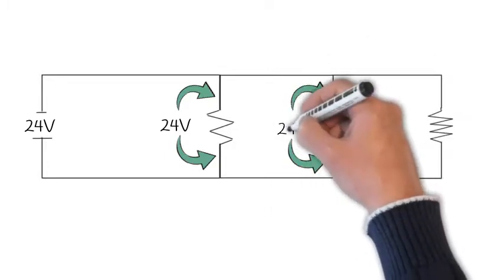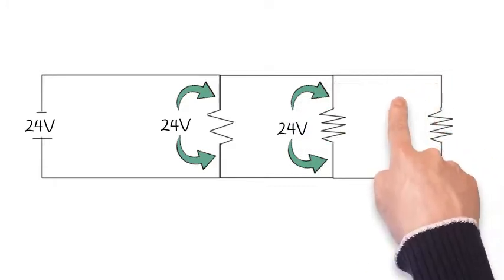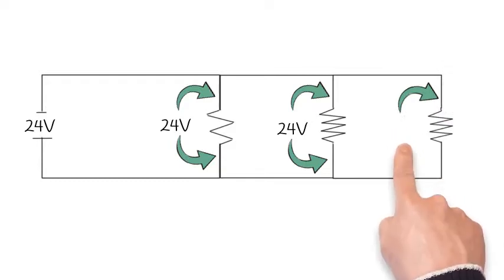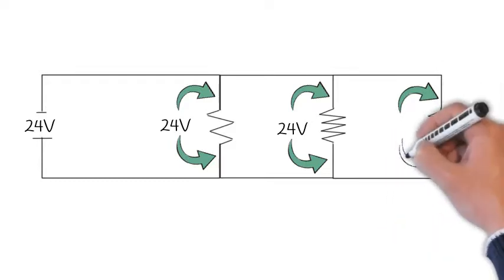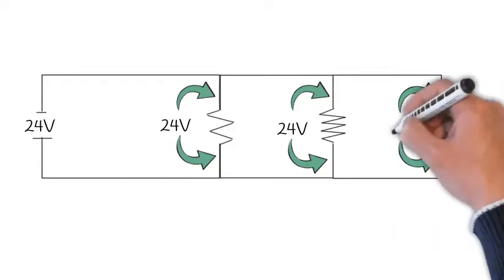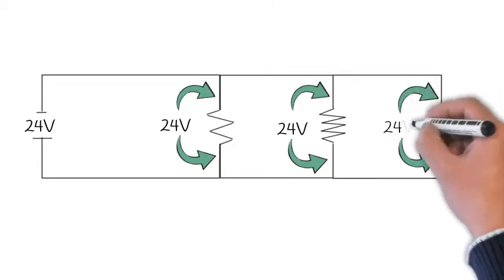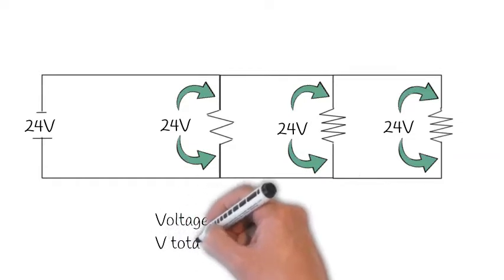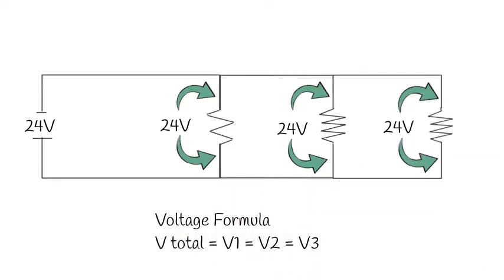Interestingly enough, when you look at a parallel circuit, those loops are all in parallel with each other. And thus we see that the voltage across each branch is actually equal to the source voltage.